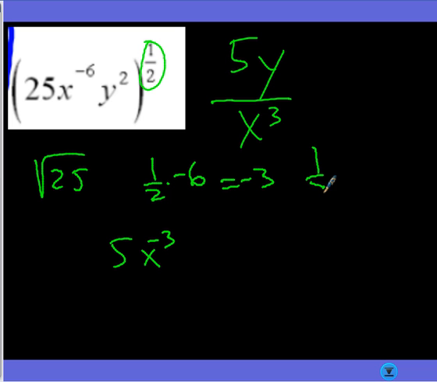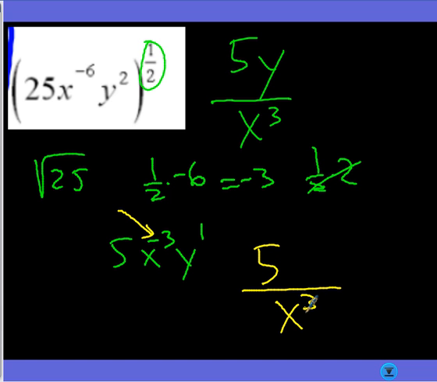So 1/2 times 2, the 2's cancel, and you get 1. So y to the first, but, right, we've got this nasty fellow right there. So I'm going to take that, put it in the denominator, make the exponent positive, write the y on top, and leave the 1. Skip the 1.